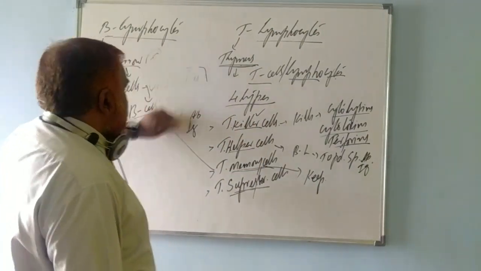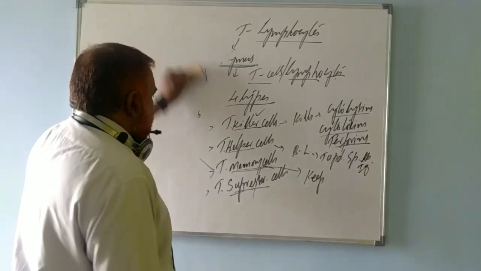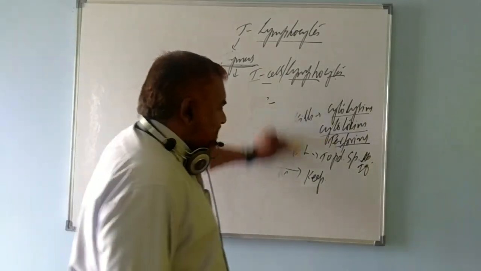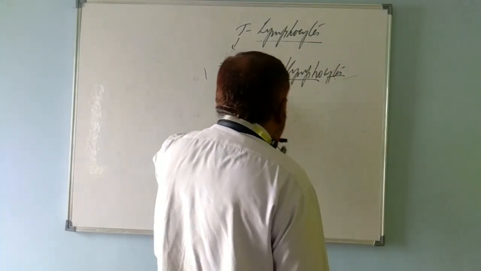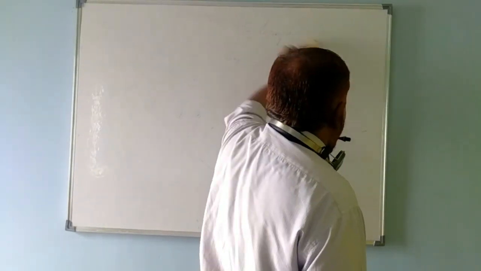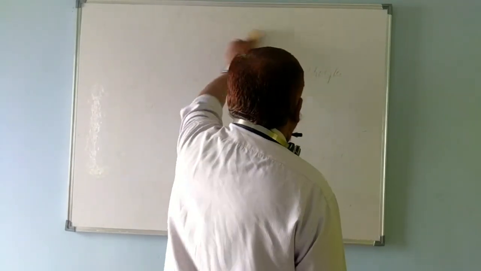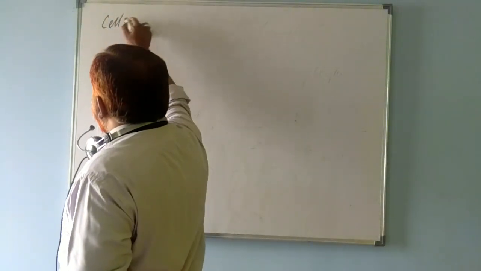Now we'll talk about the other components of acquired immunity. Based on these two types of cells, we can have two different types of immunities, which are very important. One is known as cell mediated immunity. This difference can be asked in your final exam also.